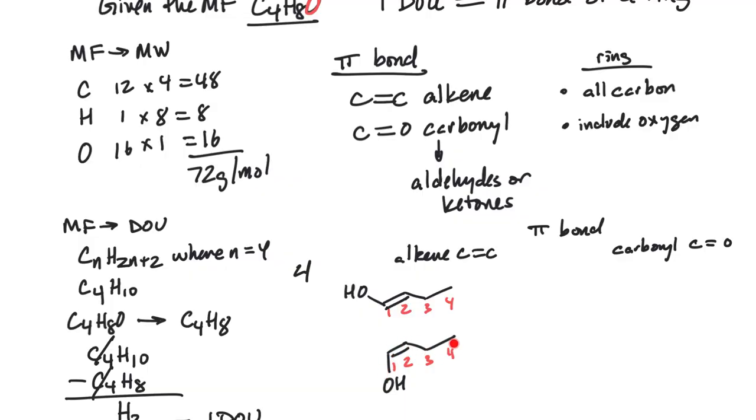So now it's on the same side. And these would be 2 structural isomers for that. We could draw some more isomers that have the double bond starting at position 1, but then we move the alcohol to carbon 2, to carbon 3, to carbon 4. So I'll let you, the viewer, draw those things out.